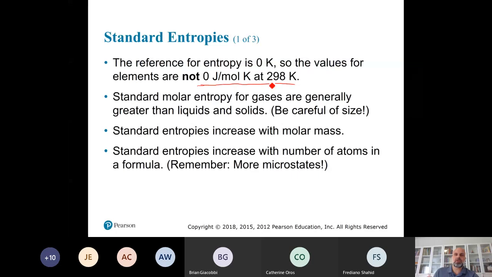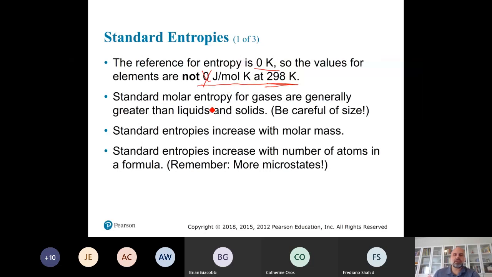Because our standard temperature is 298 Kelvin, we obviously can't have 0 entropy, since to have 0 entropy we have to be at 0 Kelvin. This is the first thing when we're thinking about standard entropies.